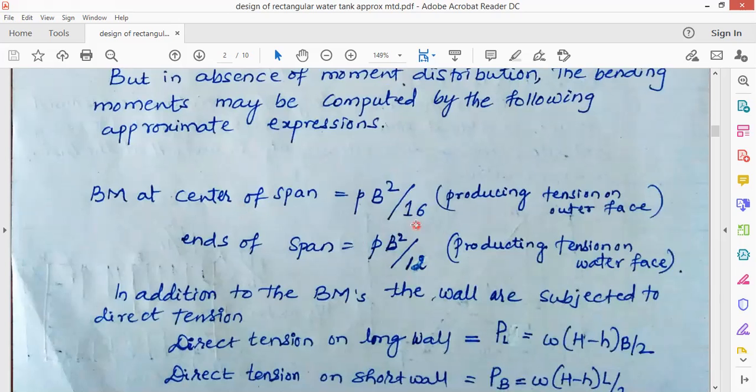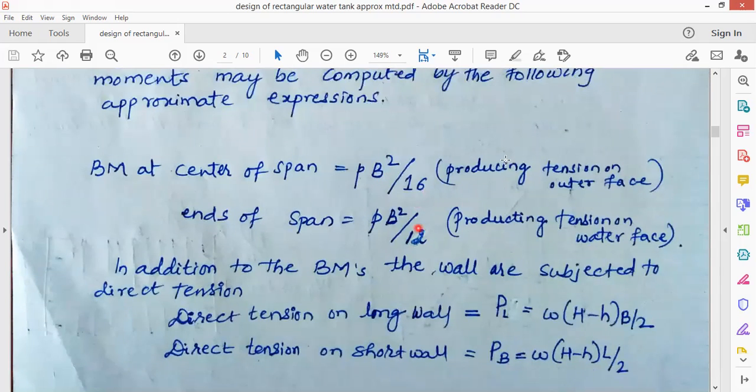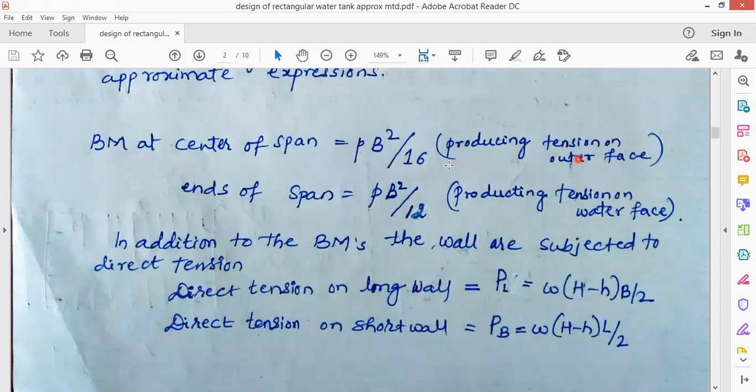This is for the shorter span here, and similarly I can obtain PL square by 16 for the longer span. So this will produce tension on the outer face, which means we need to provide the reinforcement at the outer face here, and for the end span moments, on the water face, that is the inner side of the walls, we need to provide the reinforcement.